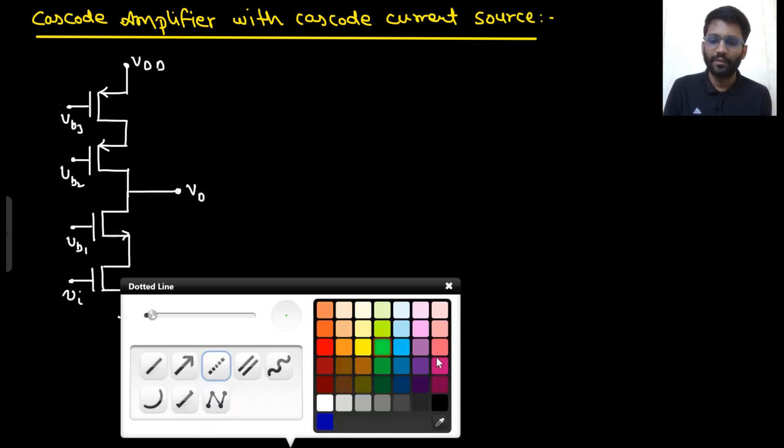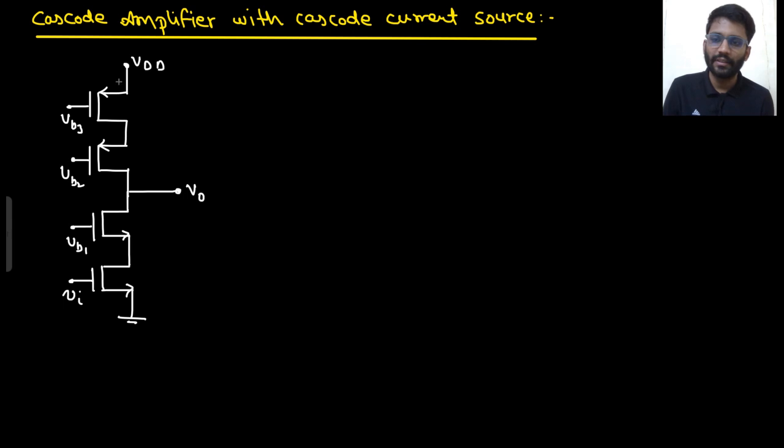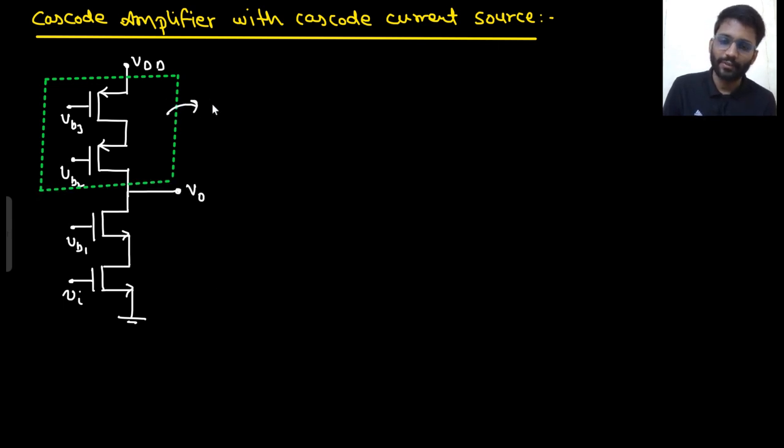This is our circuit, and what is this configuration known as? This is a Cascode current source. And what is this?